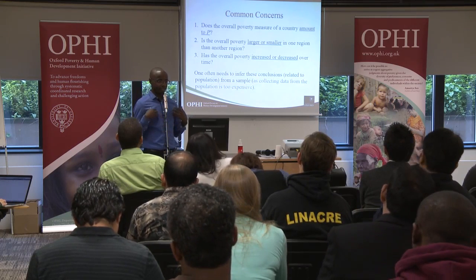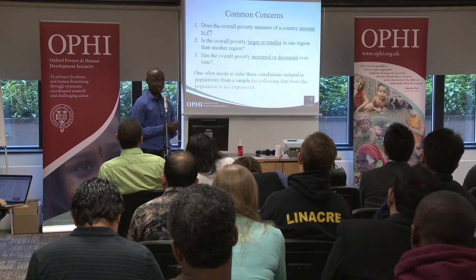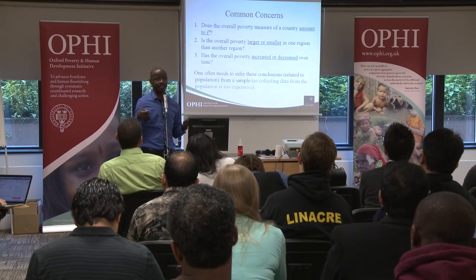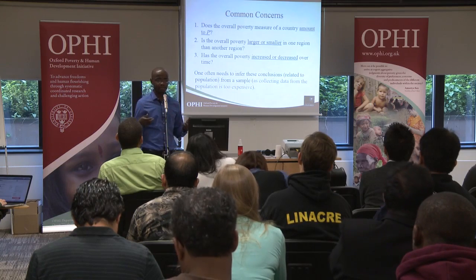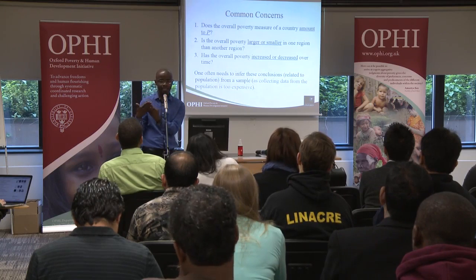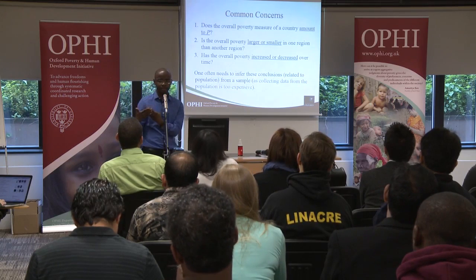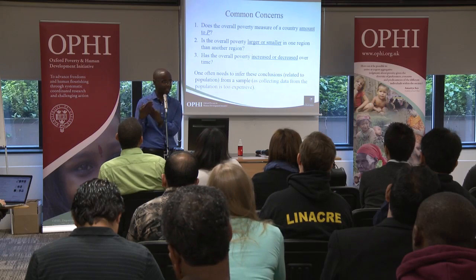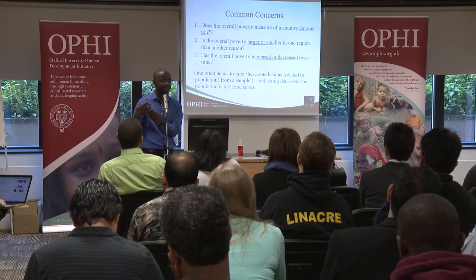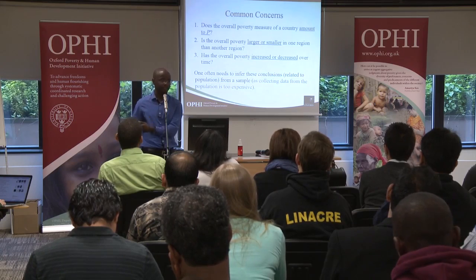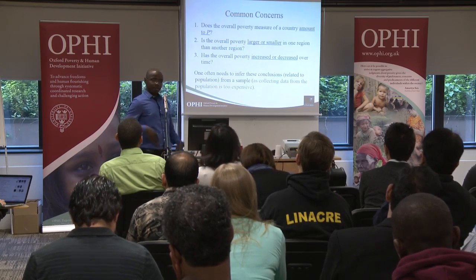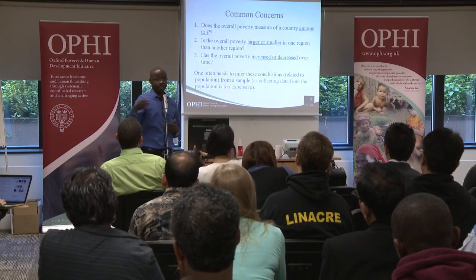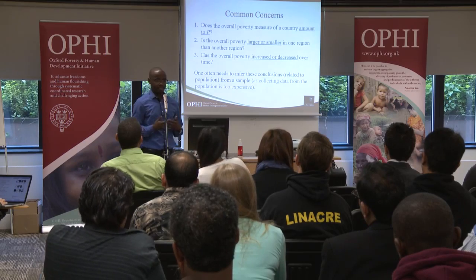To be really confident, we need to do some statistical tests and analysis to say, okay, the difference that I'm getting in my regional comparison is sufficiently large, so I can say that poverty is higher in this region compared to the other one. And it could be in the analysis of changes over time.